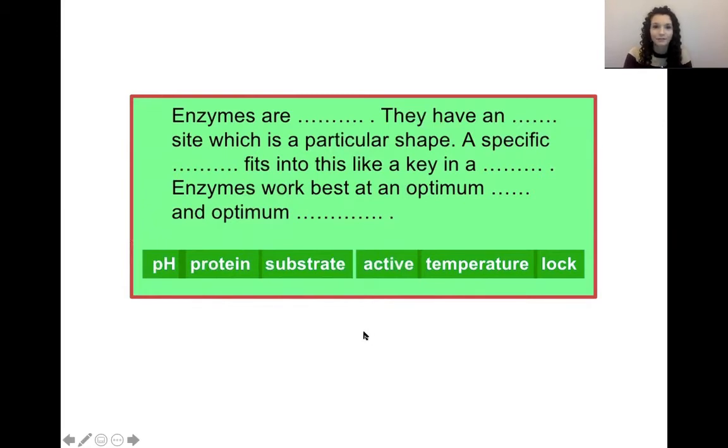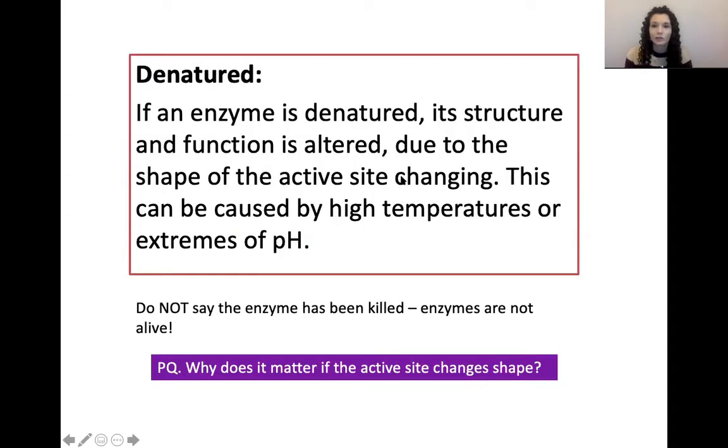Fantastic, well done. So just a reminder of what the word denatured means. If an enzyme is denatured, its structure and its function is altered. That's because the shape of the active site has changed.